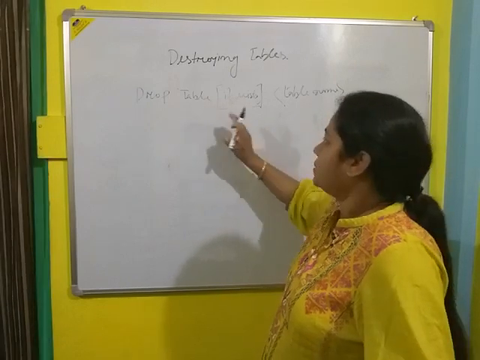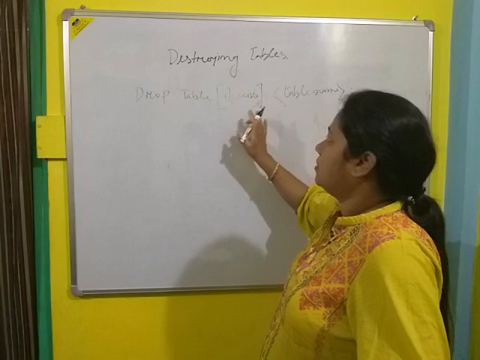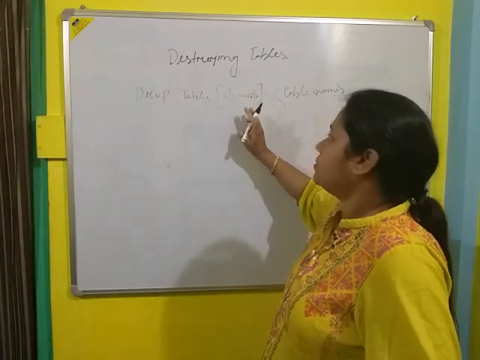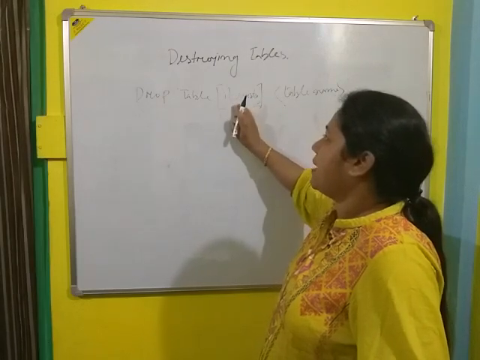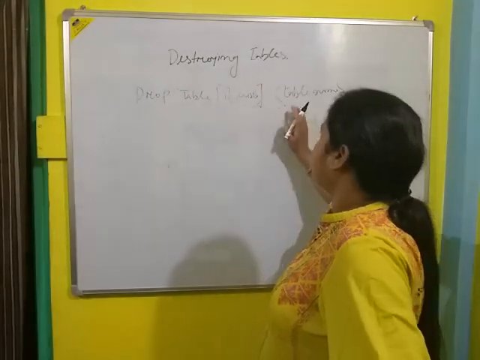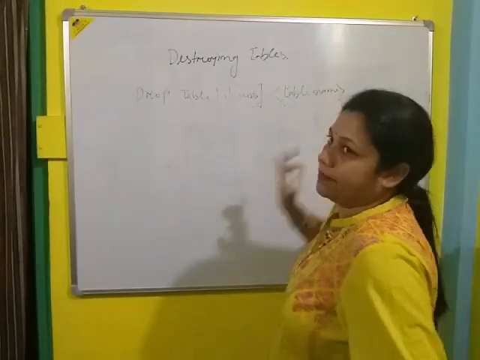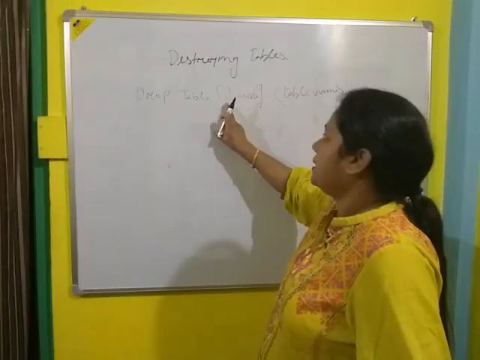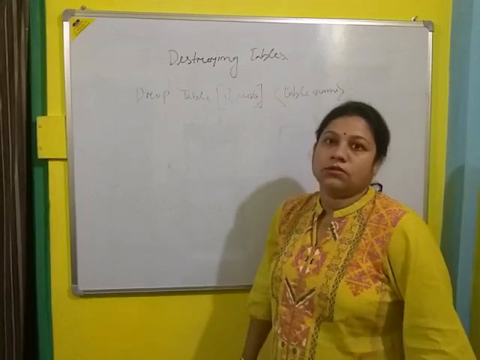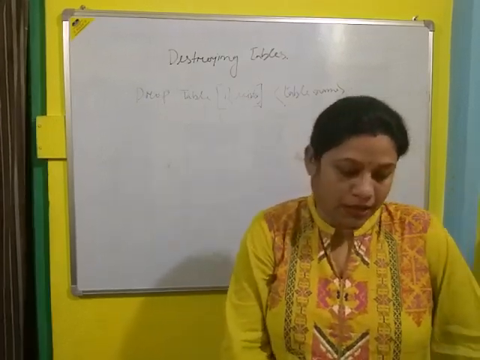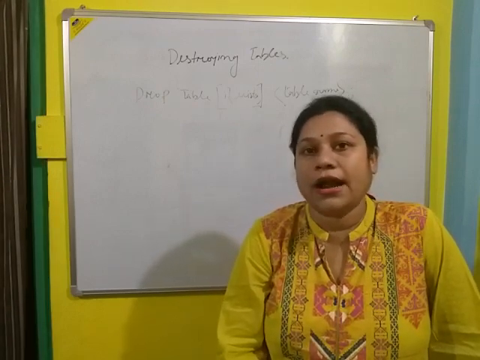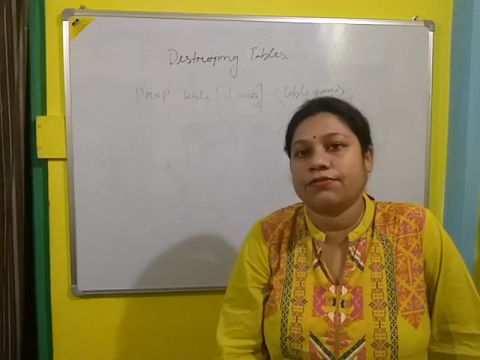name. Actually the if exists is optional. If you want this statement, you can write it or you can skip it. Sometimes some errors occur at the time of the deletion of a table.